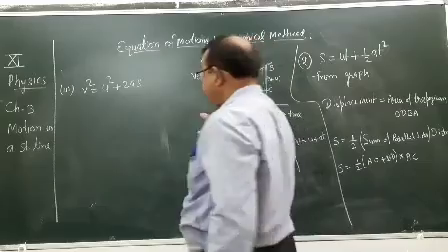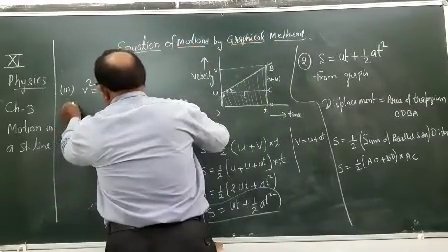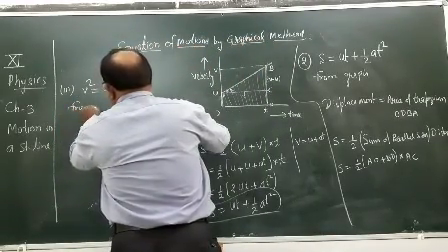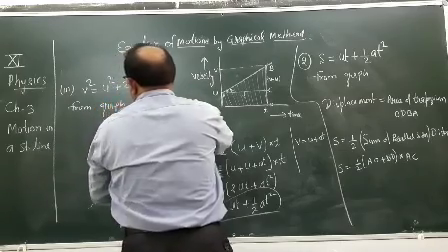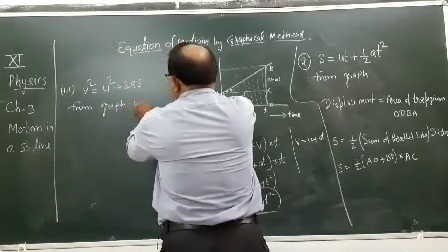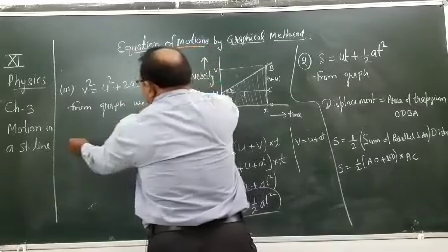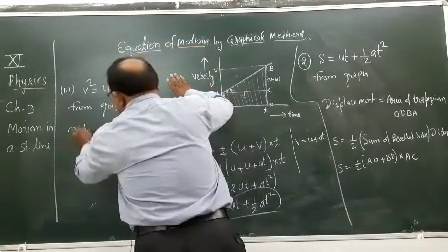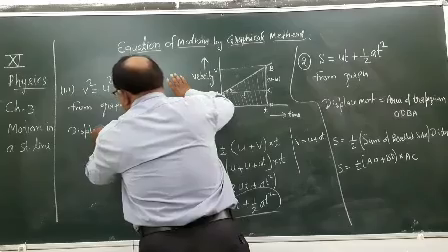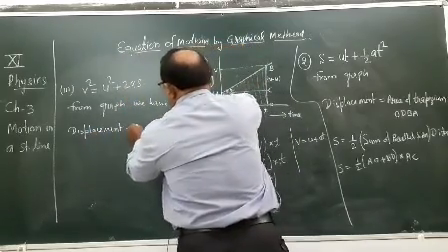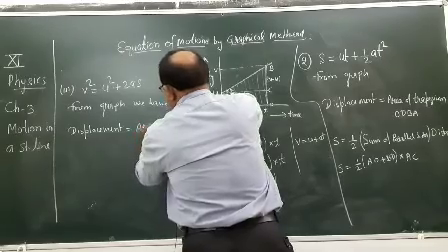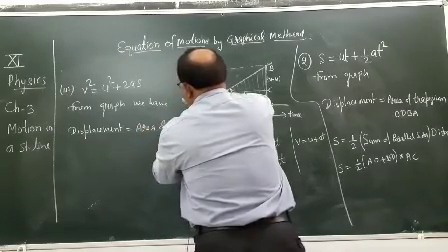So using that concept from graph, we have displacement is equals to area of trapezium.